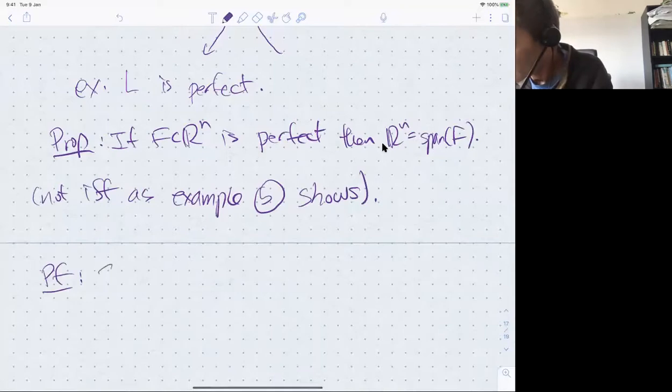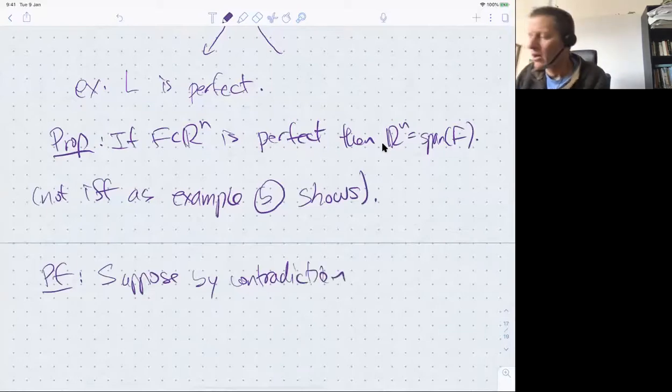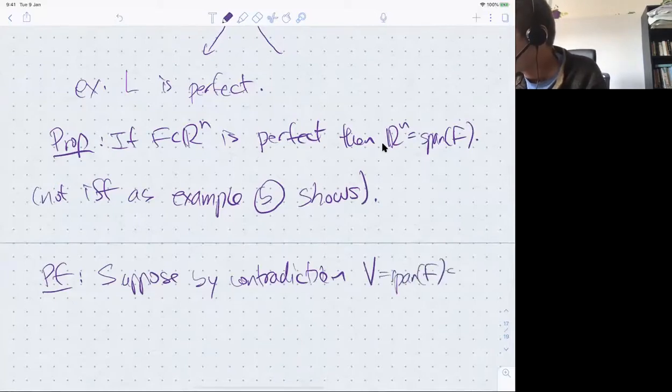So here's the proof. Suppose the collection F didn't span R^n. Let's denote that span by V. So suppose V was a proper subspace of R^n.